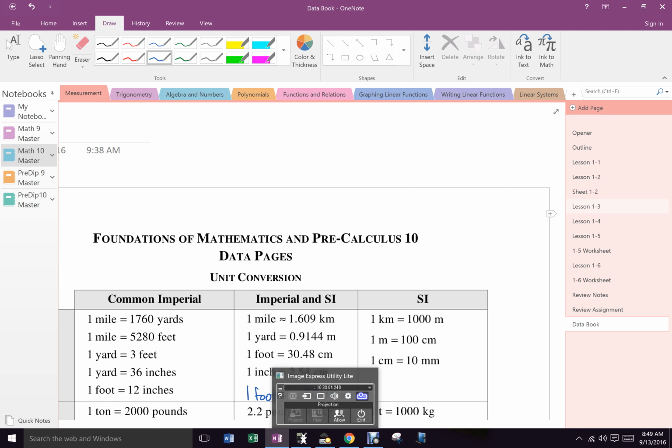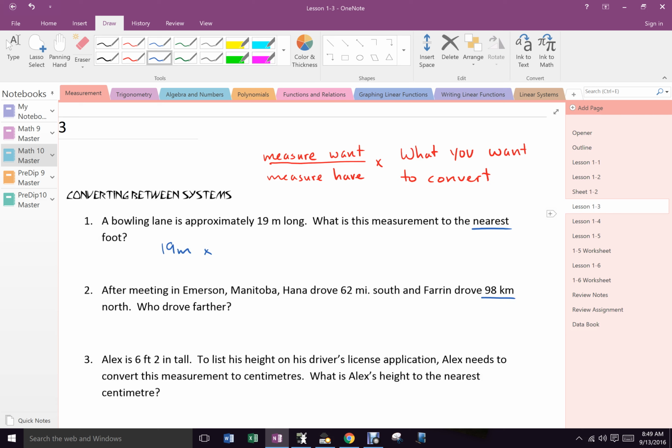So let us go back to where we were. So now I need the measurement I want, which is feet. 1 foot equals 0.3048 meters. Now, we just multiply across. 19 times 1 is 19, divided by 0.3048.